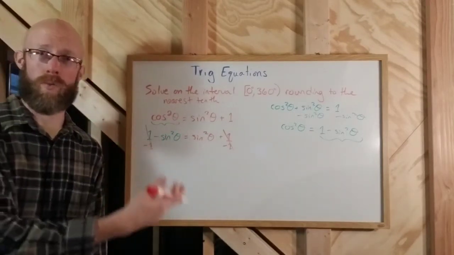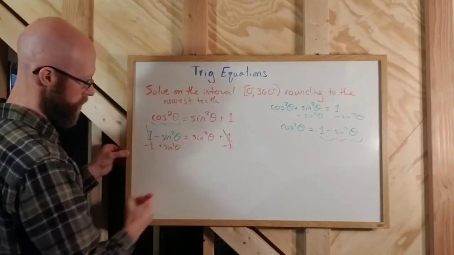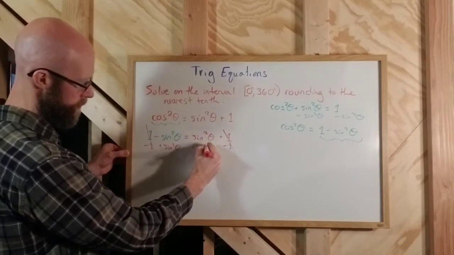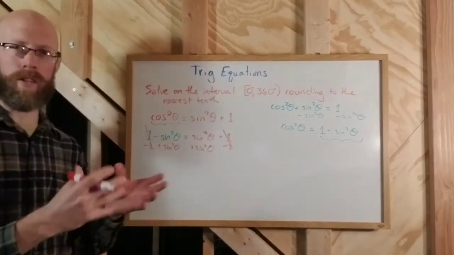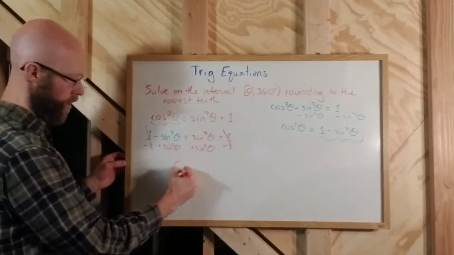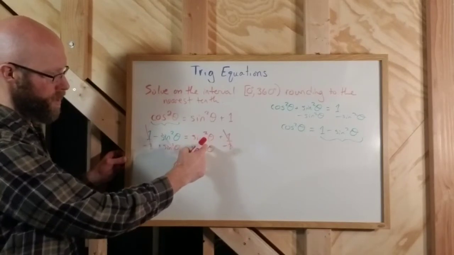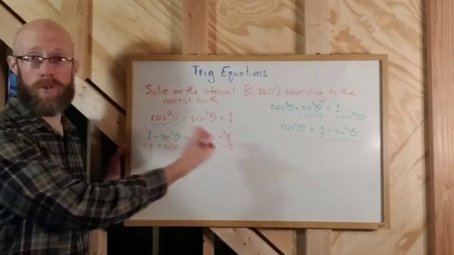Let's try to get the sine squares on the same side. So I'm going to add a sine squared to this side and to this side, just to get all the sine squares on the same side. So I eliminate them off the left. That's everything gone from the left side. And now on the right side I've got sine squared plus sine squared is 2 sine squared.